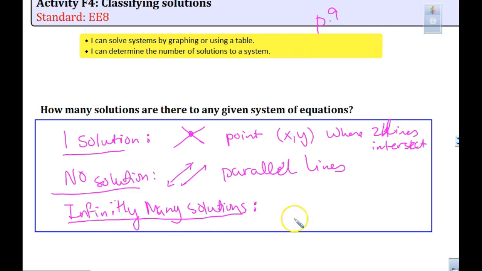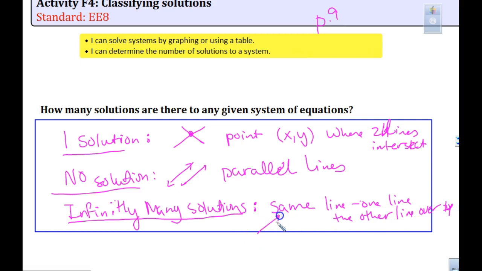And you can use that for part of this activity that we're working on, but infinitely many solutions is when you have the same line. So you have one line, and the other one is on top of that. So one line, the other line is right over the top of that line.